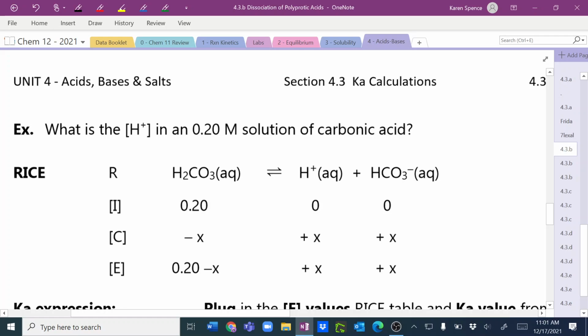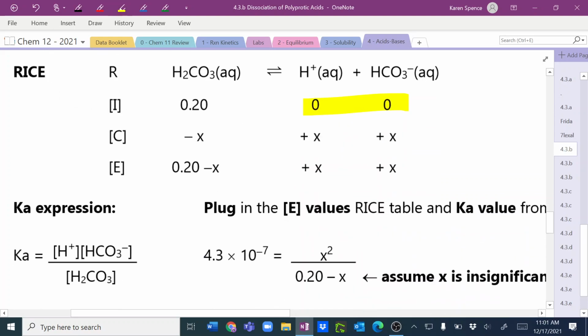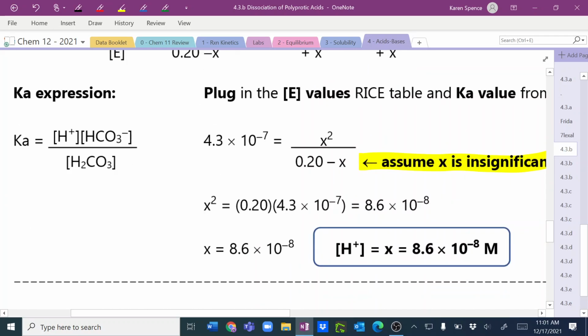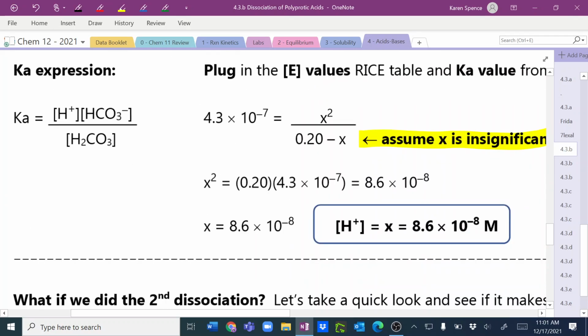The initial ones? They're always 0. And then we would have plus x, minus x, and so on. Plug everything in, get your Ka from the data table, assume x is insignificant, solve for x, and we get hydrogen ion concentration. That's super nice, yes? Just a flash review of yesterday.